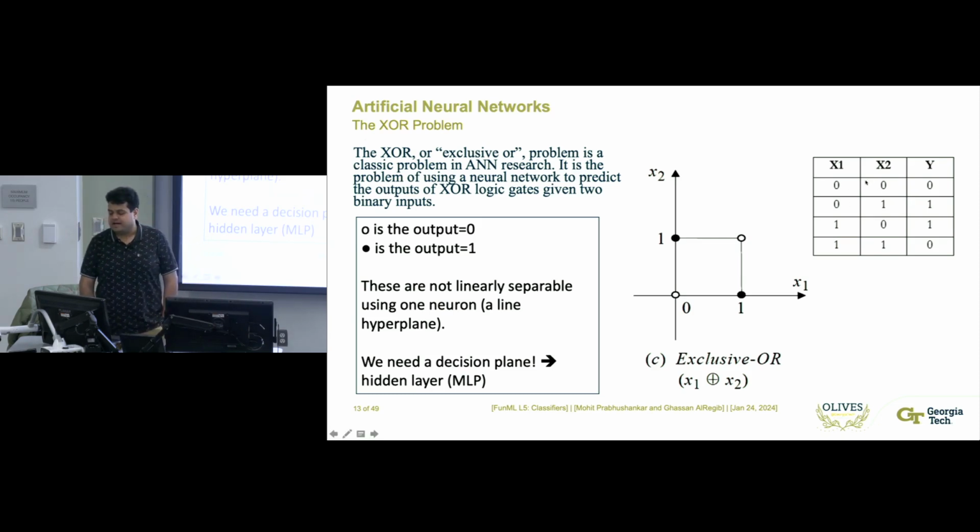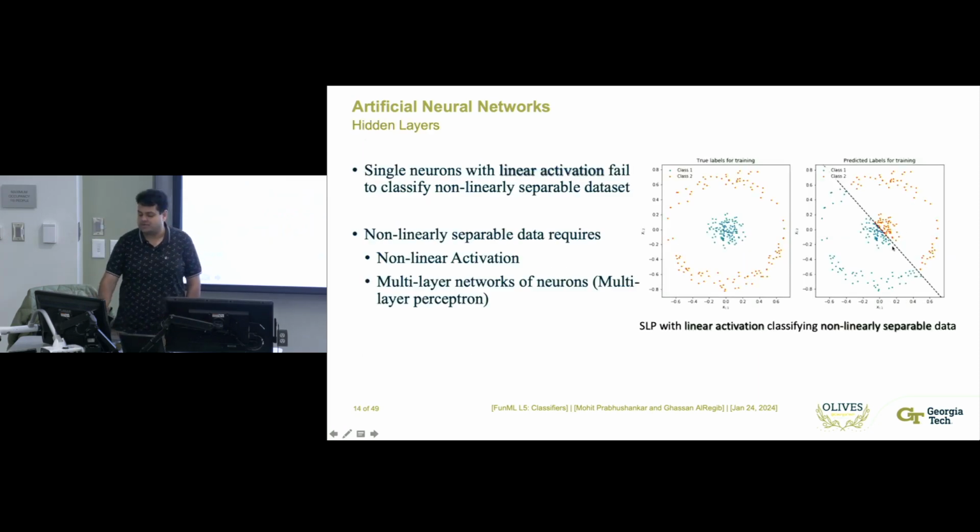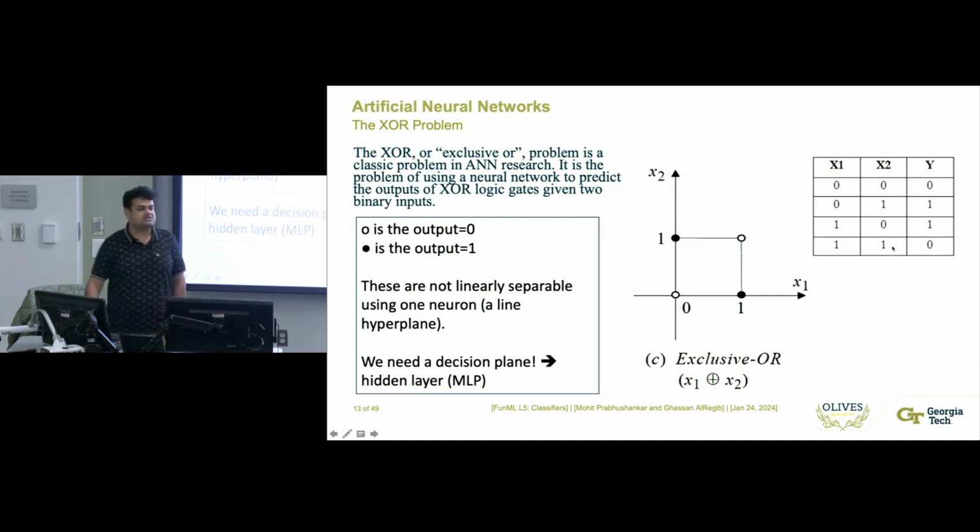So look at the right-hand side for this logic gate. When it's 0, 0, you have output 0; 0, 1, output 1; 1, 0, output 1; and 1, 1, output 0. Our goal is now to separate this particular data, but it's not linearly separable. So there's no way, using a simple perceptron algorithm, we'll be able to differentiate this data and find the solution or implement XOR gates using a perceptron algorithm.